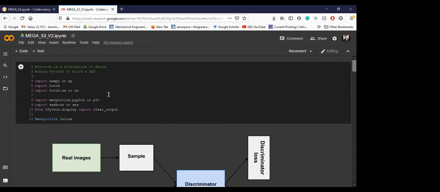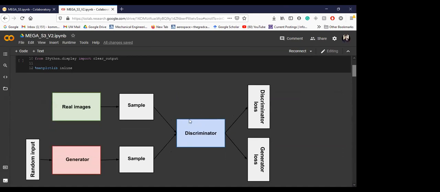But we can still go into the essence of building a GAN and look at how we can build a generator and a discriminator, and how we can build the loss functions and the training and all the essential parts.